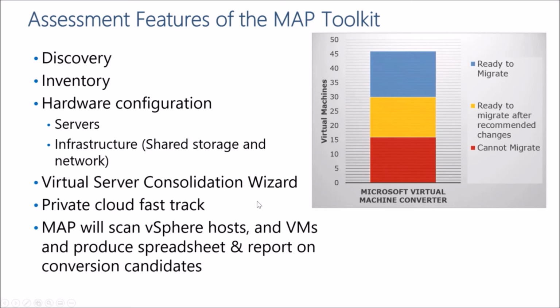And then this virtual server consolidation wizard will work on this and give you, in this case, if you look at this display, it's actually discovered your assets on your network, and then it's giving you a graph of how many assets do we have, about 45, and all of these are ready to migrate from physical servers to virtual servers. These are ready to migrate if you make the recommended changes, which means it's got recommended changes.